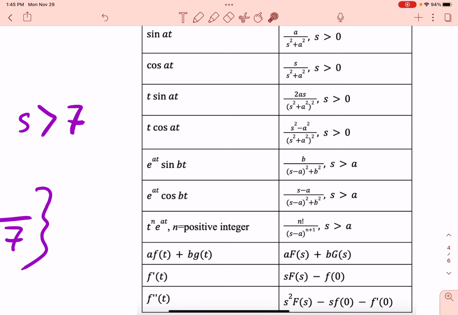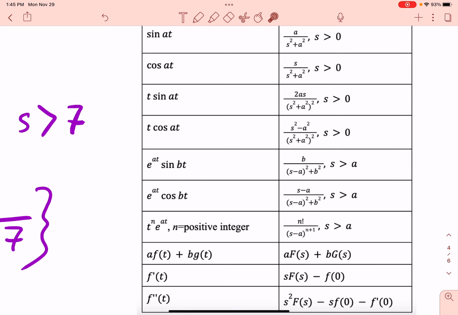This looks hopeful. It has a constant on the top, but here it's s minus a squared plus b squared. It doesn't just have an s squared plus an s plus something with a constant. So this is maybe similar, but not exactly right. This one has an s on the top. This one has a constant on the top, and on the bottom, it looks like s minus something to a power, but it doesn't have s squared plus that s term plus a constant. So I would say this is maybe hopeful. We might multiply out the bottom with that power there.